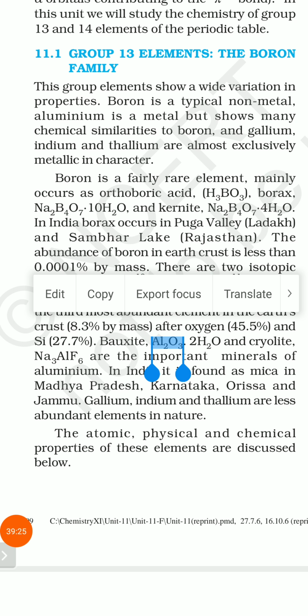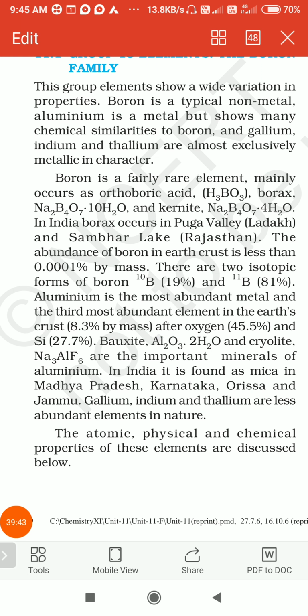Three compounds of boron exist. Aluminium forms two compounds, one is bauxite and another one is cryolite. So these are the major compounds of boron and aluminium.